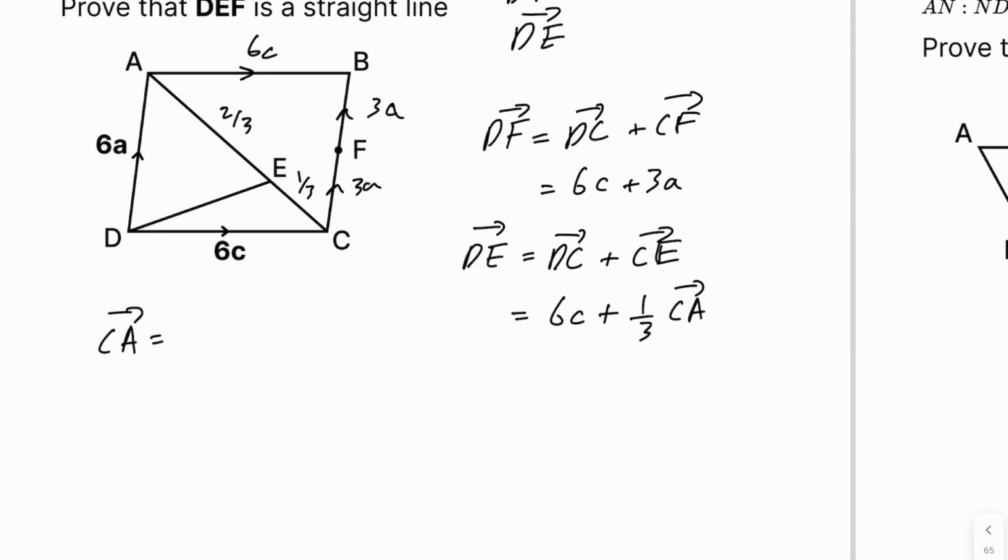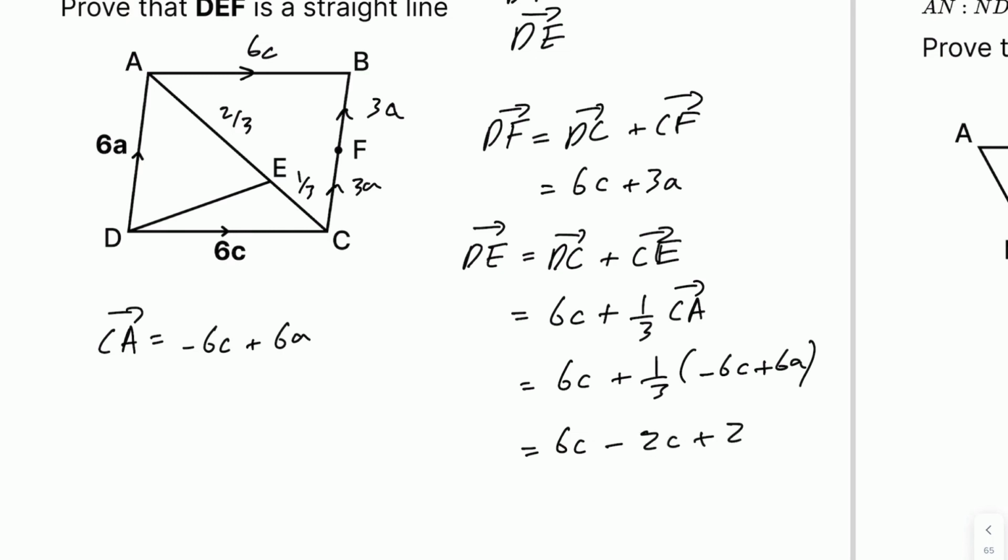Well, I can see that C to A is just that, which is C to D. That, which is 6C plus 1/3 minus 6C plus 6A, which then becomes 6C minus 2C plus 2A. And if I tidy that up, that becomes 4C plus 2A.